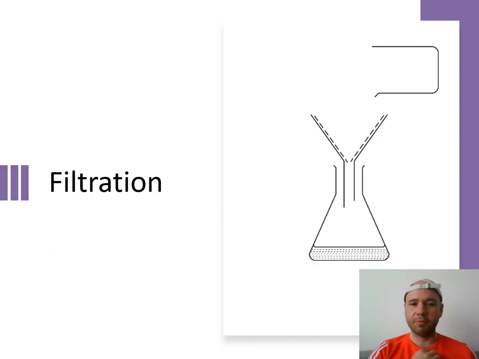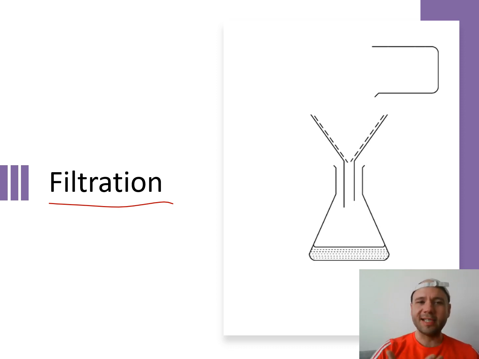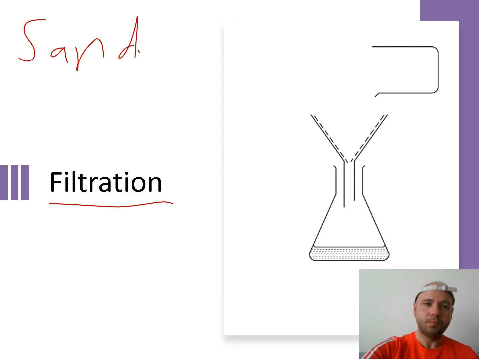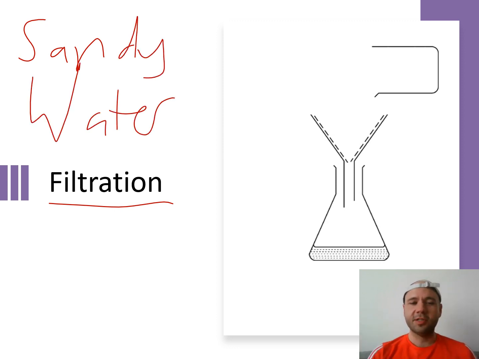Okay, so the first separating technique we'll look at is filtration. Why would we use filtration? Well, we would use filtration to separate something that was insoluble. A good example to use is sandy water. Now, as we know, sand does not dissolve within the water, so we would say that it is insoluble.